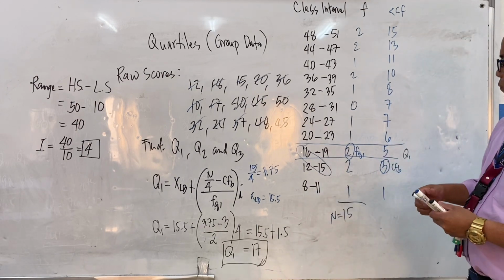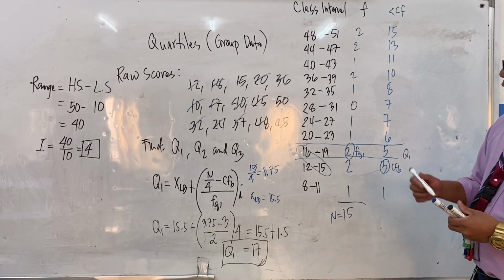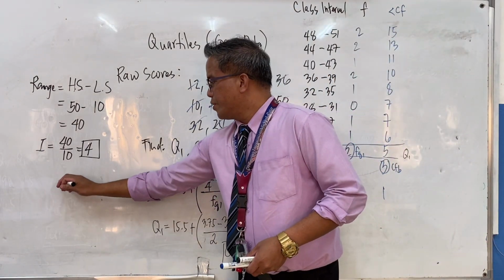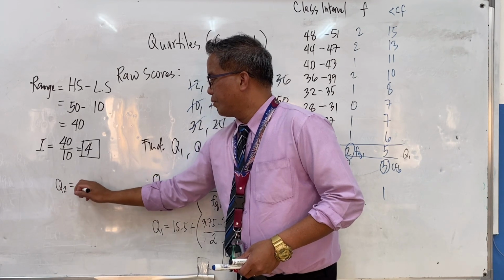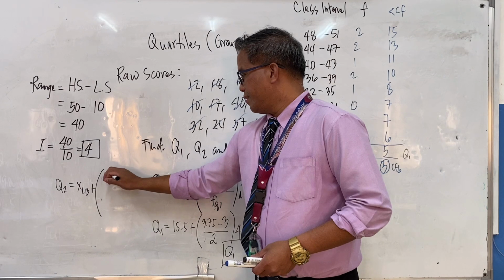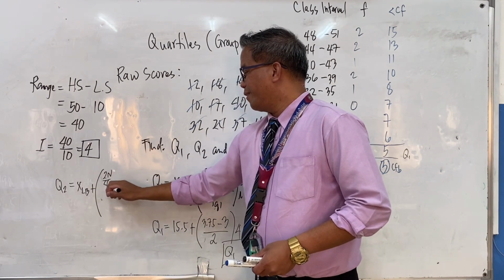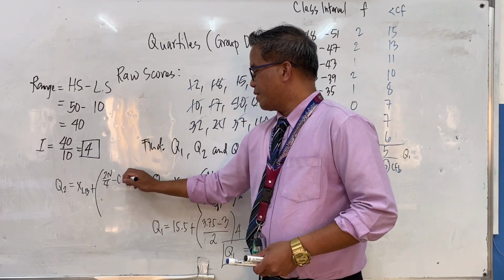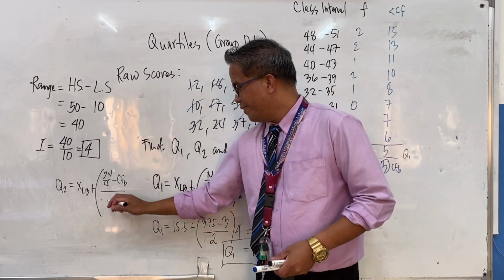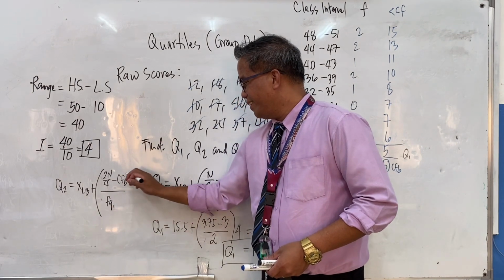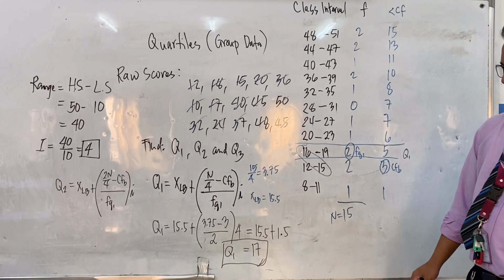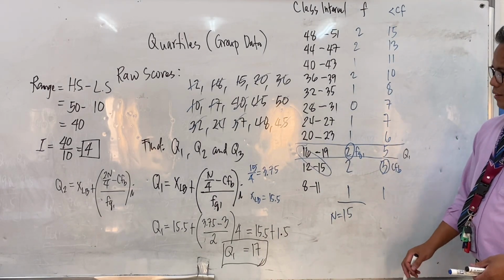How about for Q2? For Q2, we will use the formula here. Can I write it here? So Q2 is equals to XLB plus 2n over 4 minus CFB all over FQ1 times I. Okay, so let us find first the given.